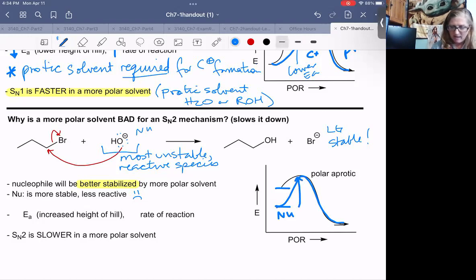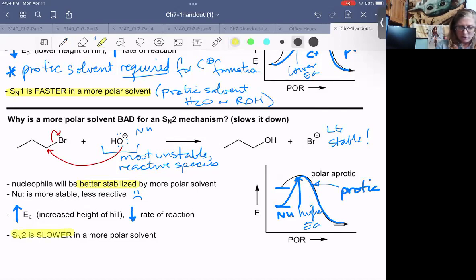This now has a higher energy of activation. What we're looking at here with the blue path is the protic solvent. Because of the protic solvent, I'm going to end up increasing my energy of activation and therefore decreasing my reaction rate. So therefore the SN2 is slower when I use a more polar solvent.